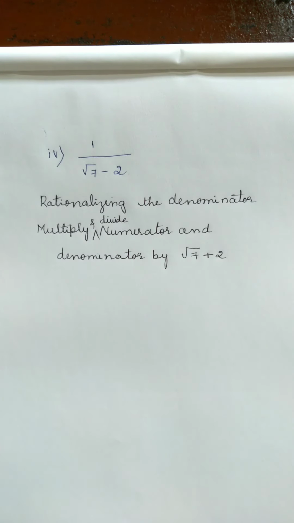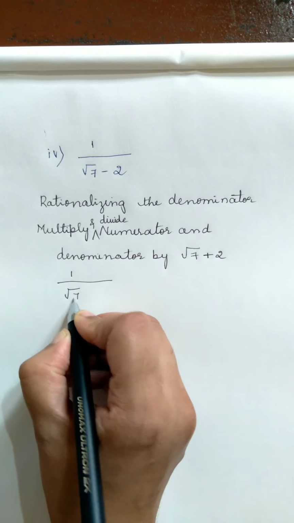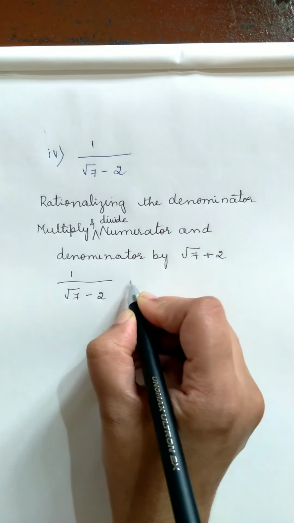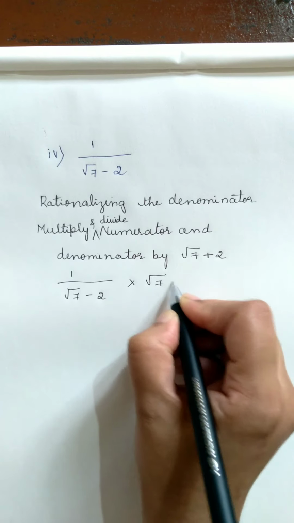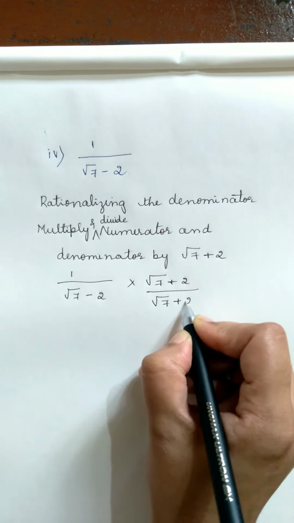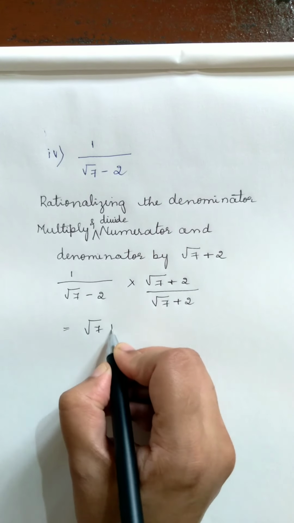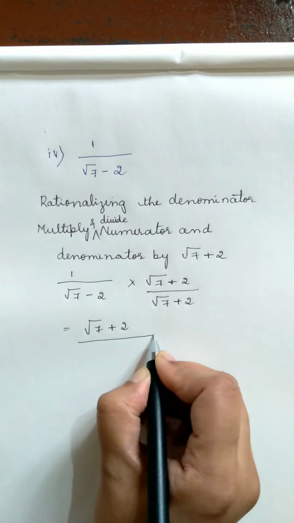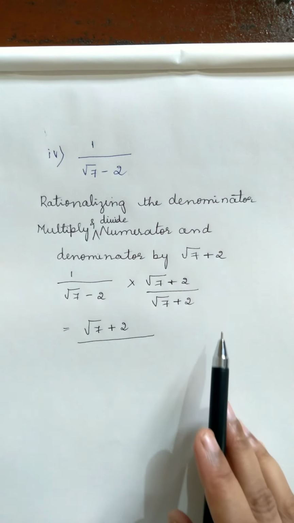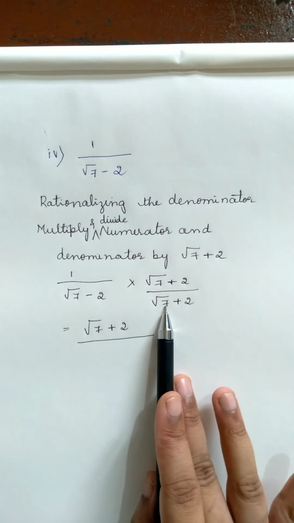So in the next step, when we multiply and divide by root 7 plus 2, we have 1 by root 7 minus 2 into root 7 plus 2 by root 7 plus 2. Multiply the numerators, we have root 7 plus 2 divided by, again in the denominator when you multiply, root 7 minus 2 into root 7 plus 2.